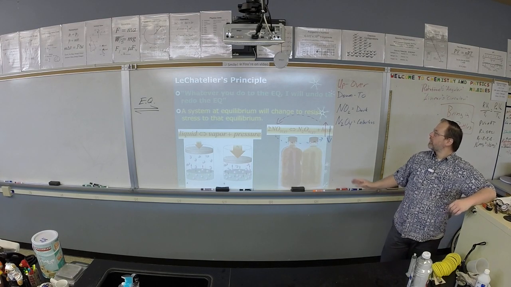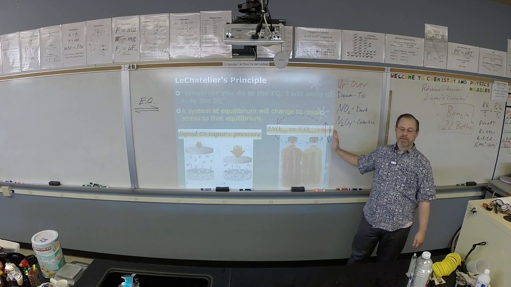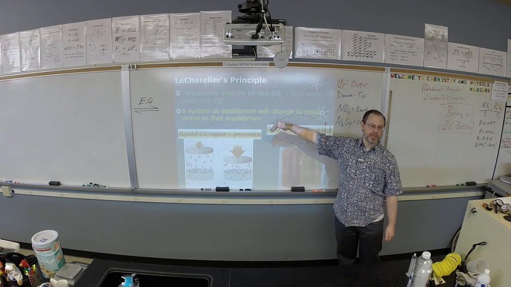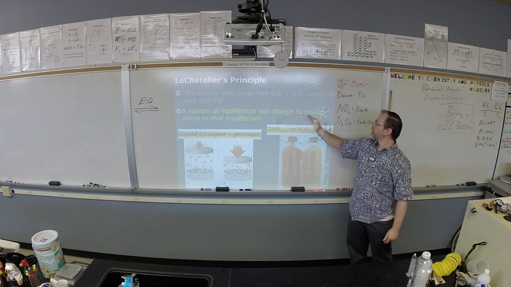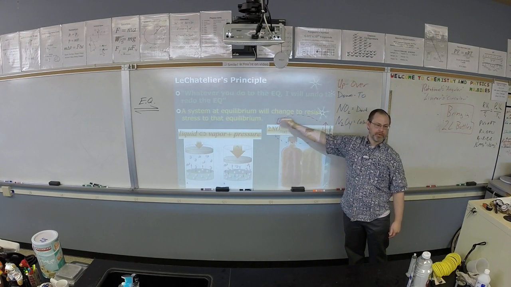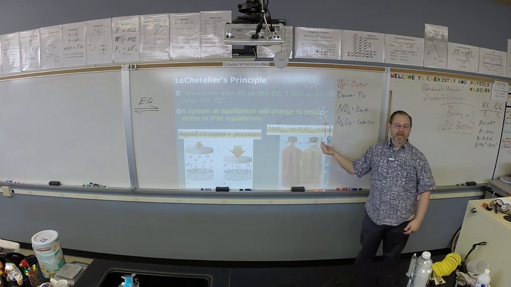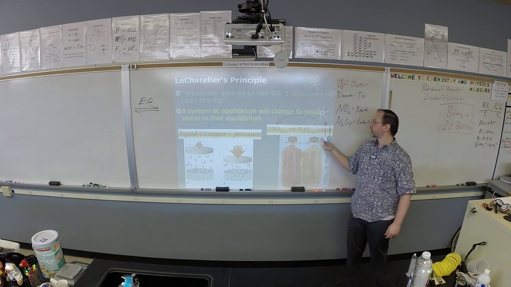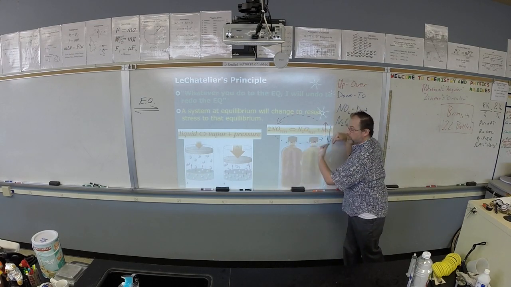So anytime you have a stress that causes one side to increase, that's going to cause the equilibrium to shift over the equilibrium side. So more on one side would shift the equilibrium over the equilibrium. Up and over. If you take one away, that will shift the equilibrium to whatever was taken away. So up and over, down and 2.